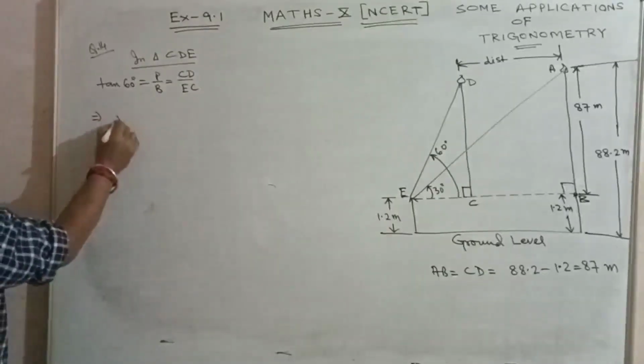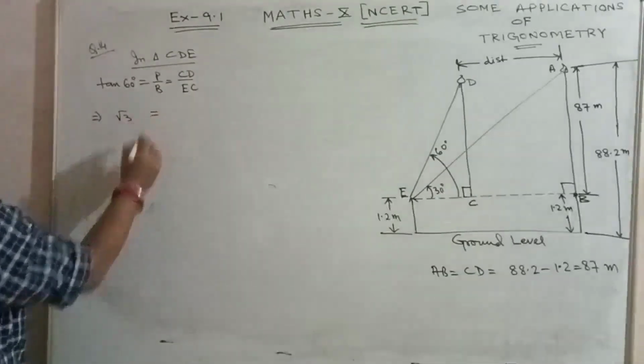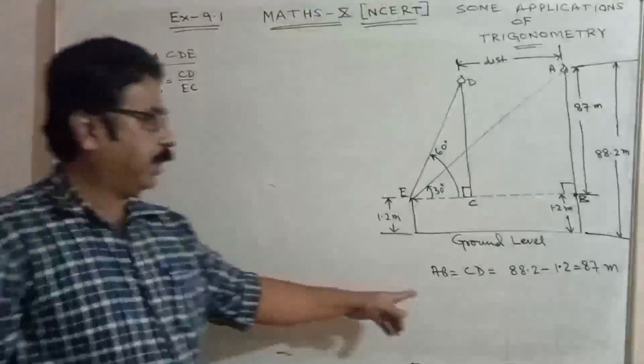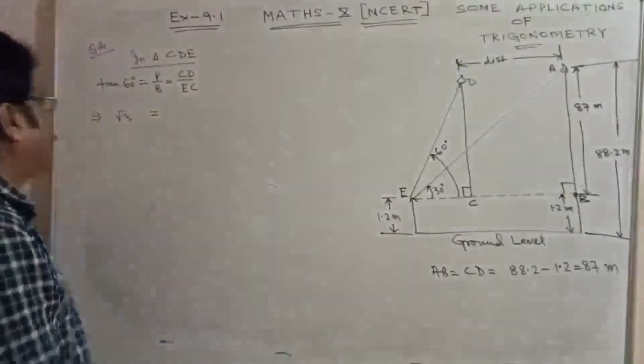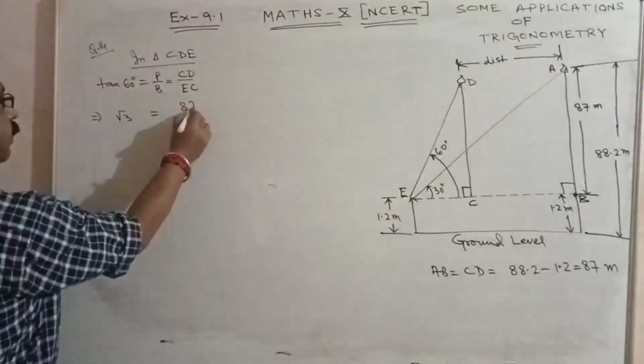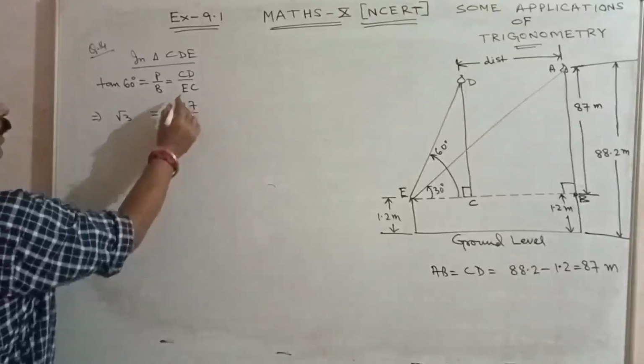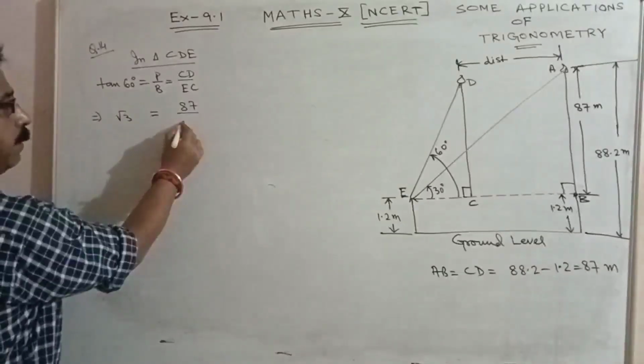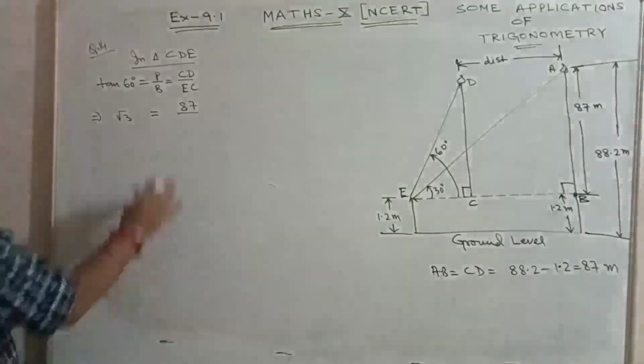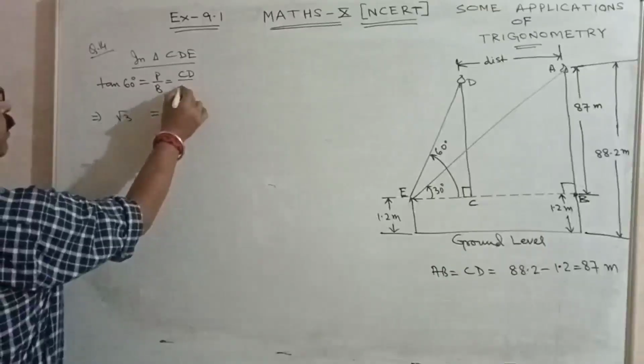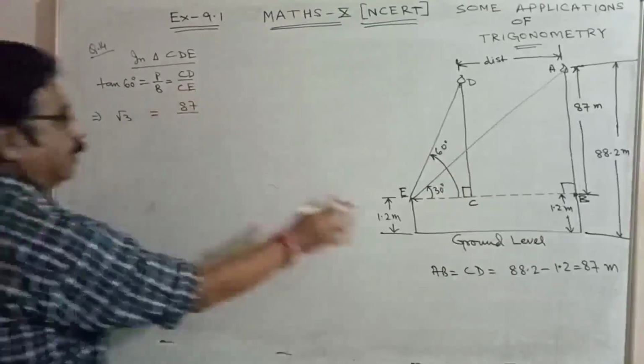Tan 60 is root 3. CD is known, AB and CD 87 meter. 87 upon EC, or CE. You can write as CE.